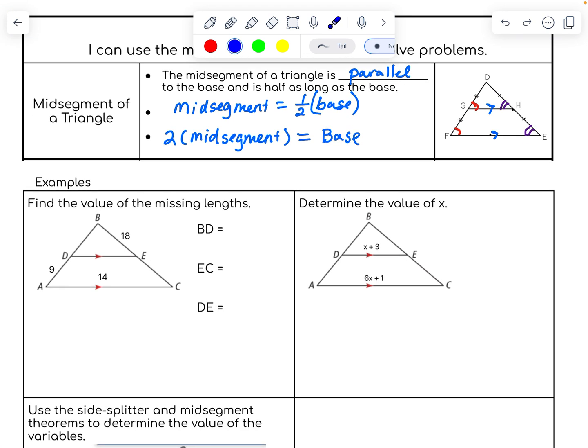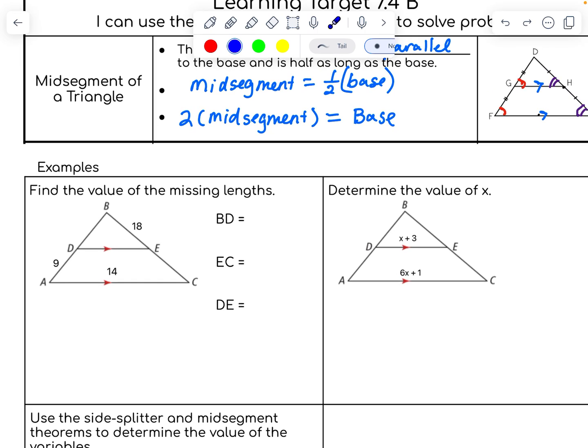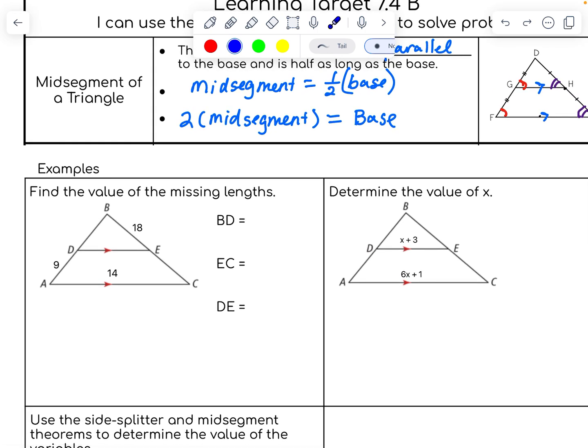All right, so what does the mid-segment do? The mid-segment of the triangle connects the midpoints of 2 sides. If we want to find the values in this example, if A to D is 9, then these are parallel, and they tell us this is a mid-segment, then this is 9, and this length down here would be 18.